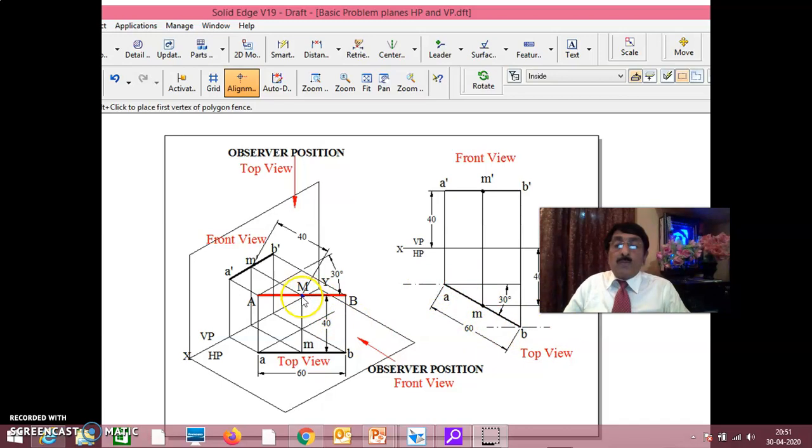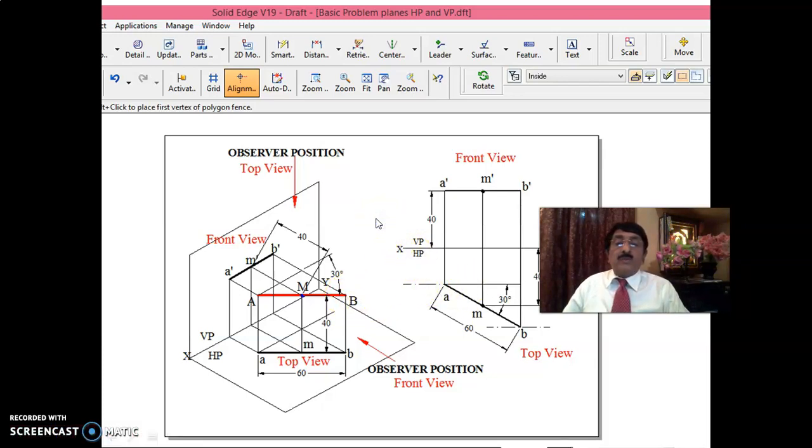Please understand, with M as pivot, that is M as the fixed point, when you start giving inclinations to HP and B moves up, A comes down. That means A also starts moving, B also starts moving. As a result, it is called a double locus problem.